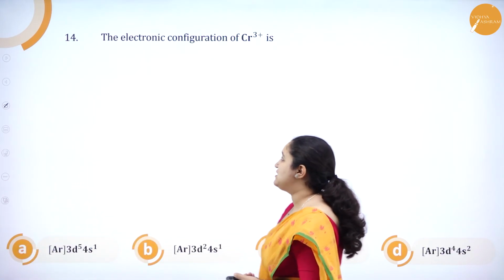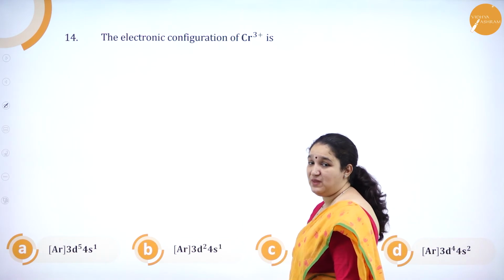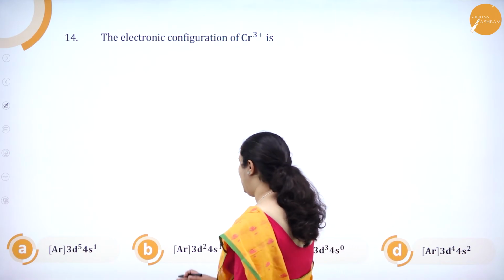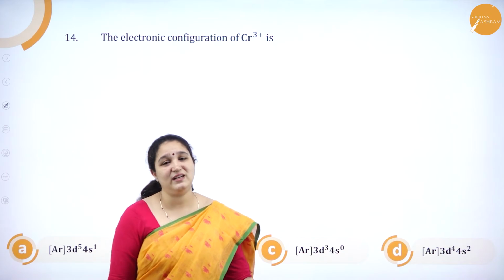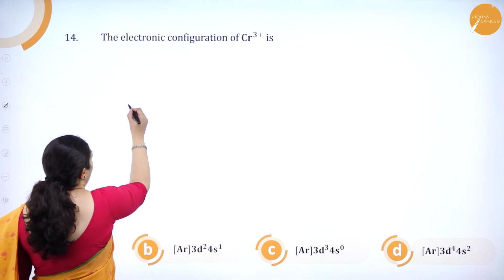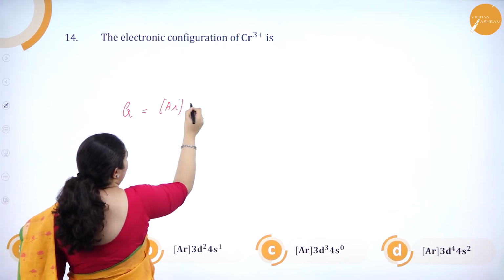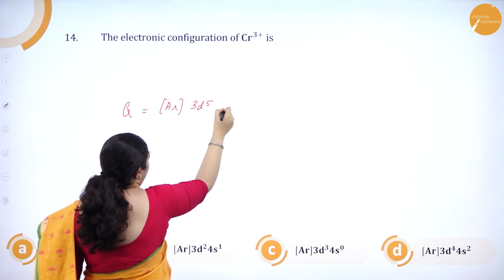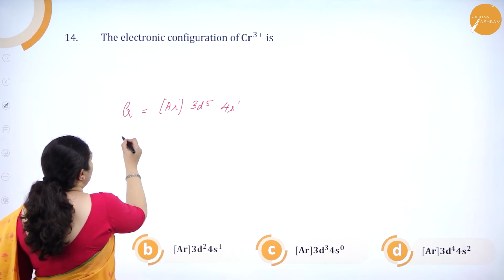Next one, the electronic configuration of Cr+3 state. We have to mark it. So, I'll just write the electronic configuration and then we will look into the options. Chromium in atomic state, atomic number 24, is argon 3d5 4s1. Now, 3 electrons are lost, 1 from here and 2 from here.